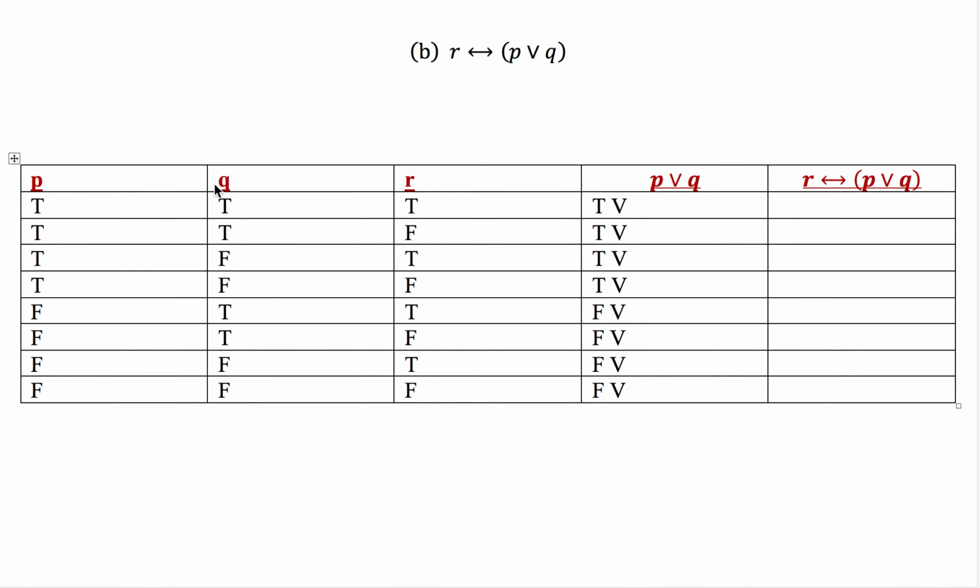So I'm now going to copy the Q column over. So that's going to be true, true, false, false, true, true, false, false. Okay.